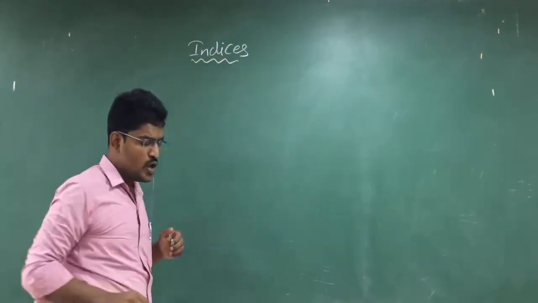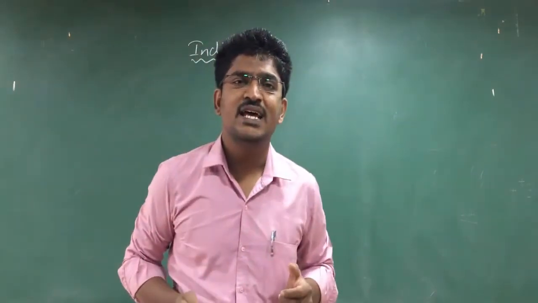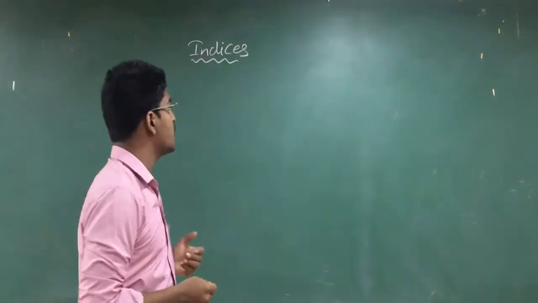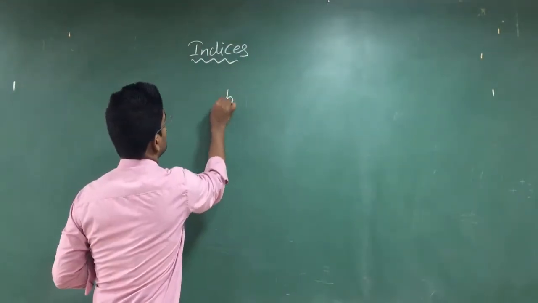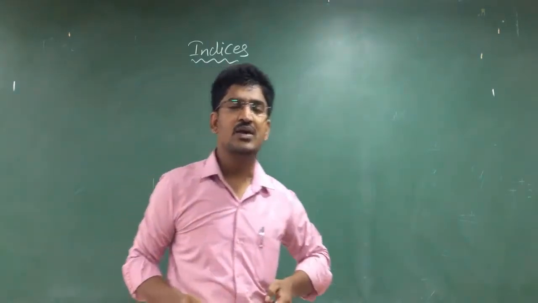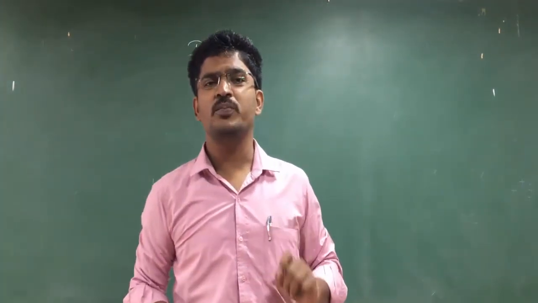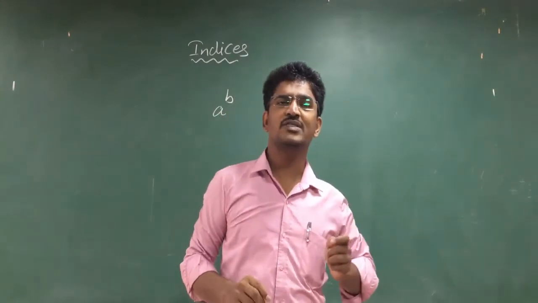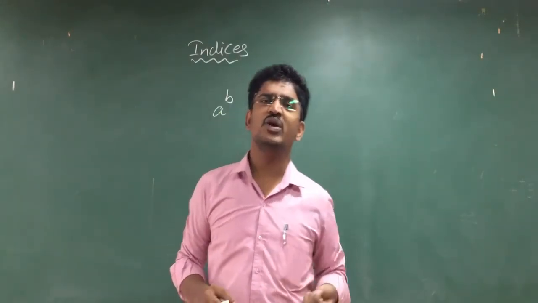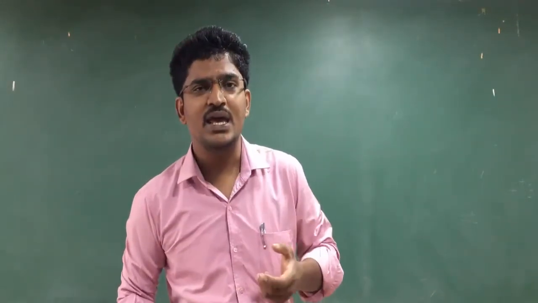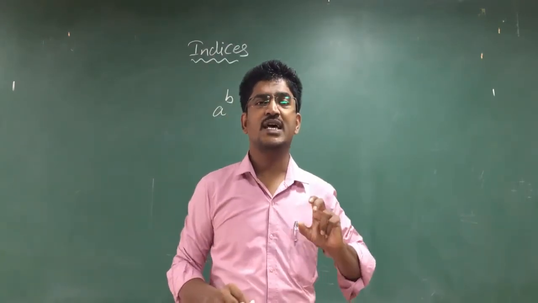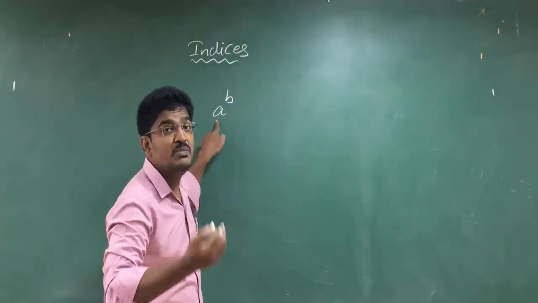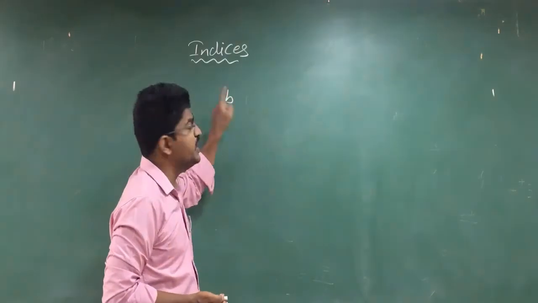Indices. So you have all seen the expression of the form a to the power of b. We read it as a to the power of b or a exponent with b. Clear? So generally we call it a to the power of b, where we also know that this a has to be multiplied for b times.